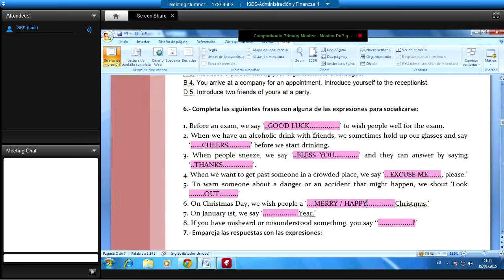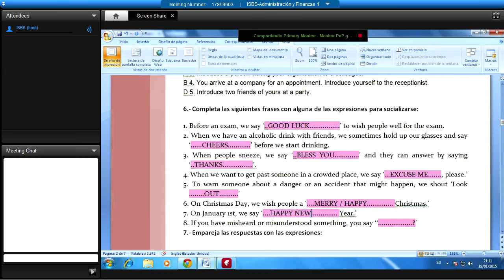Un tío vivo, como que da vuelta, así muy feliz. A carousel. So, on January the 1st, we say Happy New Year.